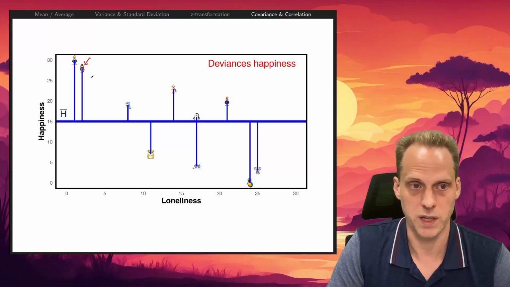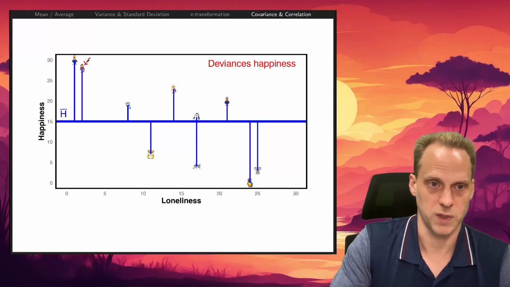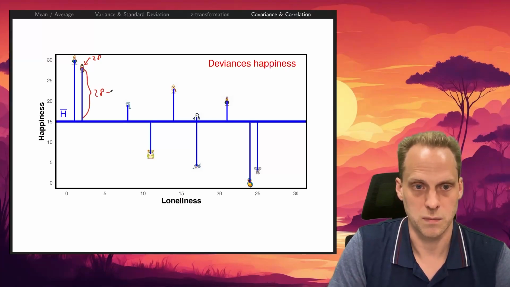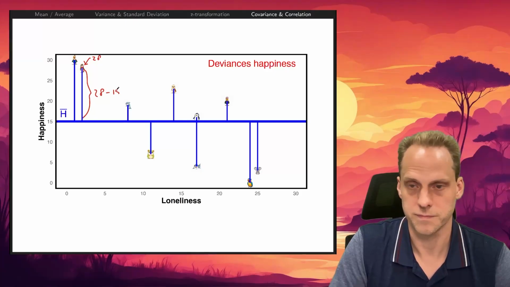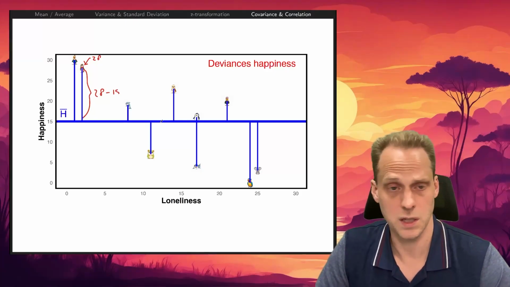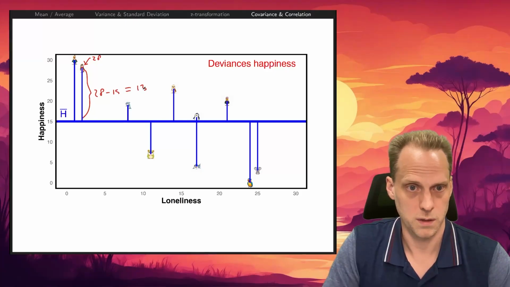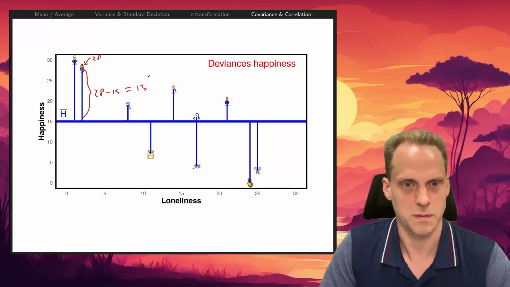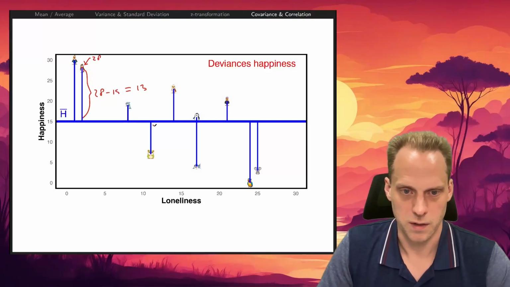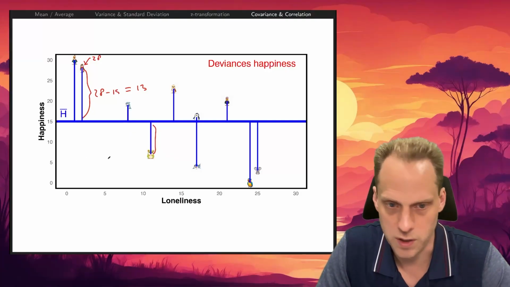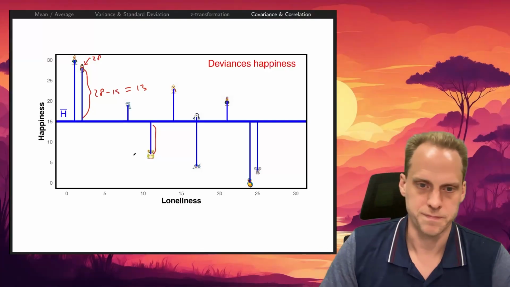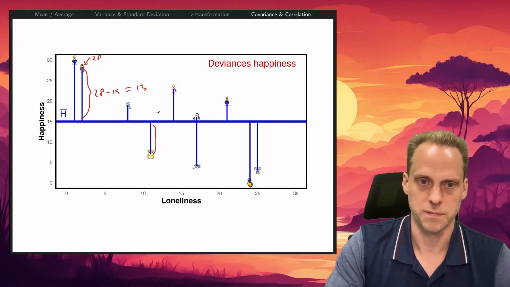He scored 28, so the deviance is 28 minus 15, which is 13. Yeah, I can do mathematics. Then this hamster, for example, has a deviance of probably like minus 9 or so. Those are the deviances.